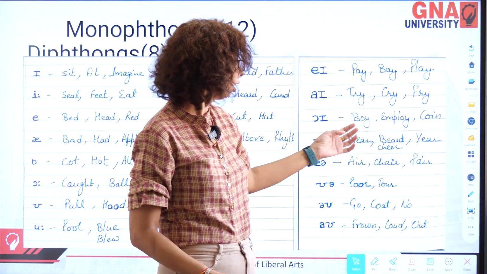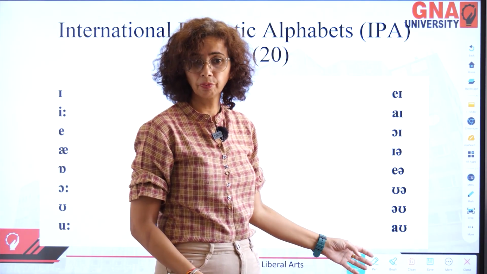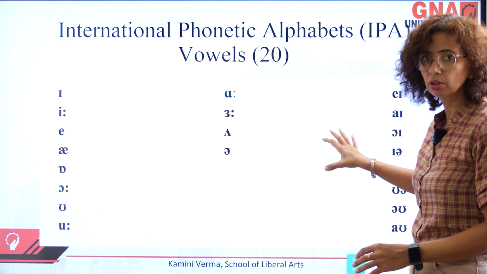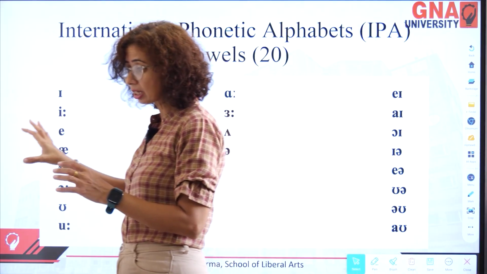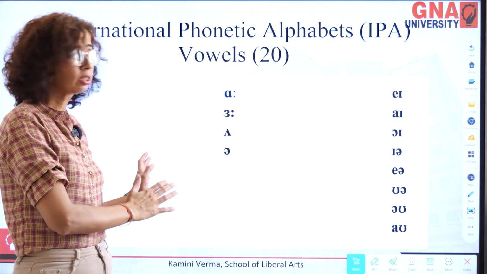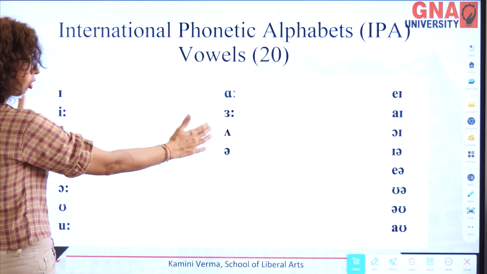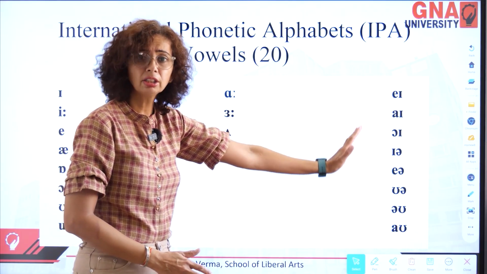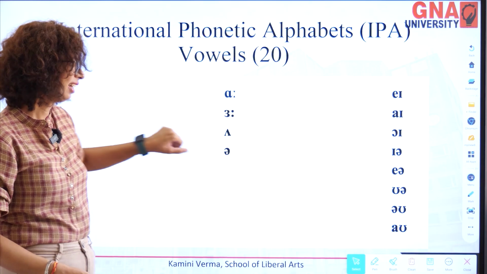As we have discussed, these are the 20 vowel sounds in English. Out of these 20 vowel sounds, 12 are monophthongs and 8 are diphthongs. So the first two lines are monophthongs and the last one is for the diphthongs. A detailed explanation of these sounds will be in the next slide.